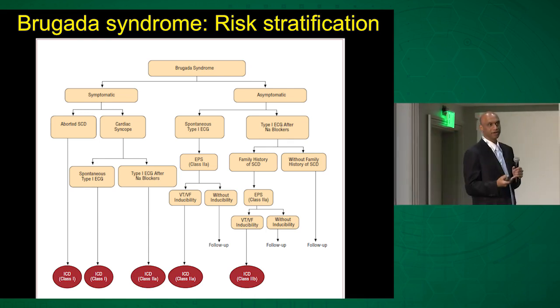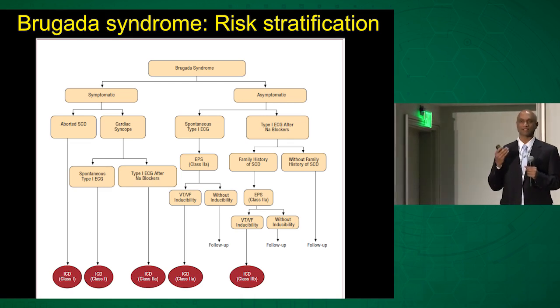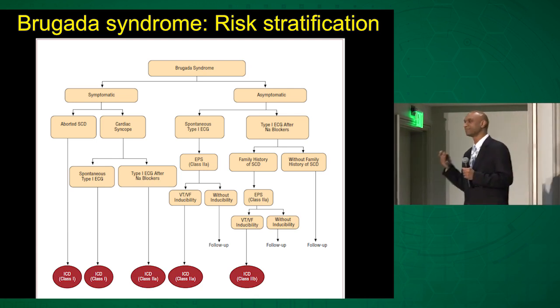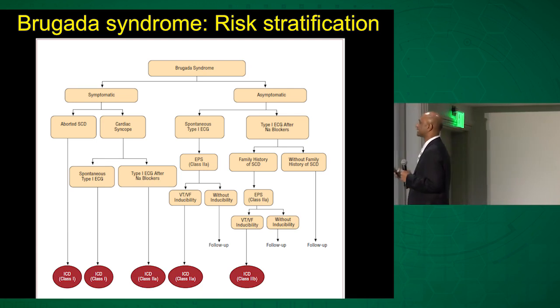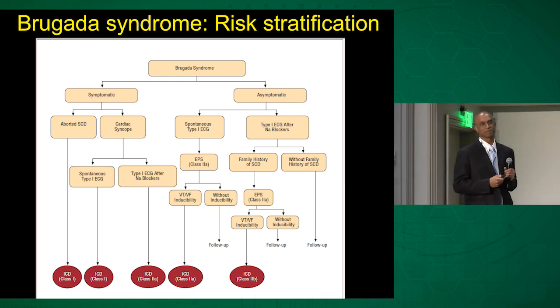Whether non-inducibility is really useful in saying they're very low risk is a matter of debate. So I'll leave it at that just to make the point that this is sometimes considered, but more and more centers are not using EP study for risk stratification in patients with asymptomatic Brugada syndrome.